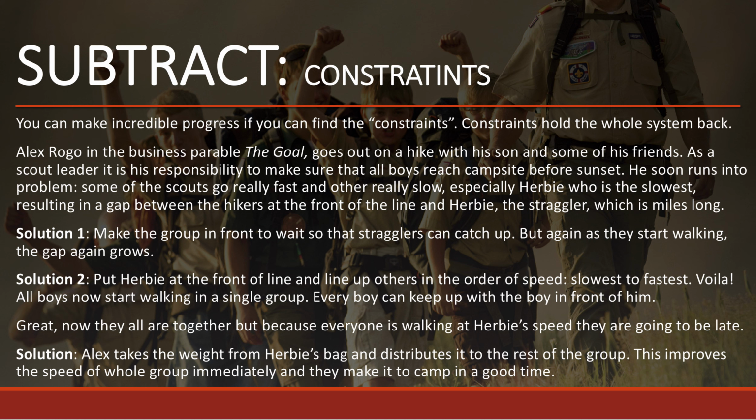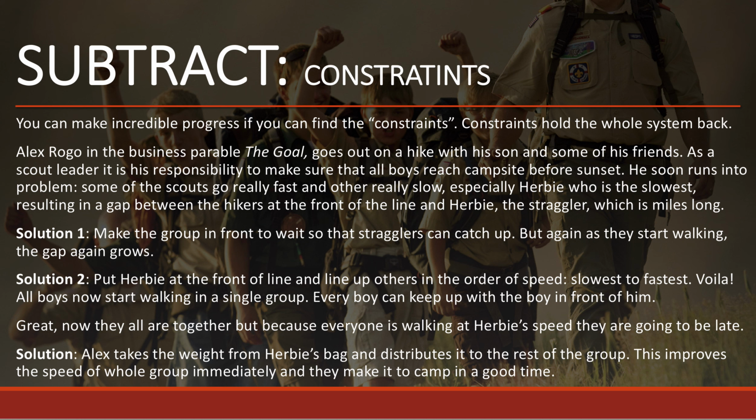He thinks of two solutions. Solution 1: make the group in the front wait so that the stragglers can catch up. But again, as they start walking, the gap grows. Solution 2: put Herbie at the front of the line and line up the others in order of speed, slowest to fastest. Voila! All boys now walk in a single group.